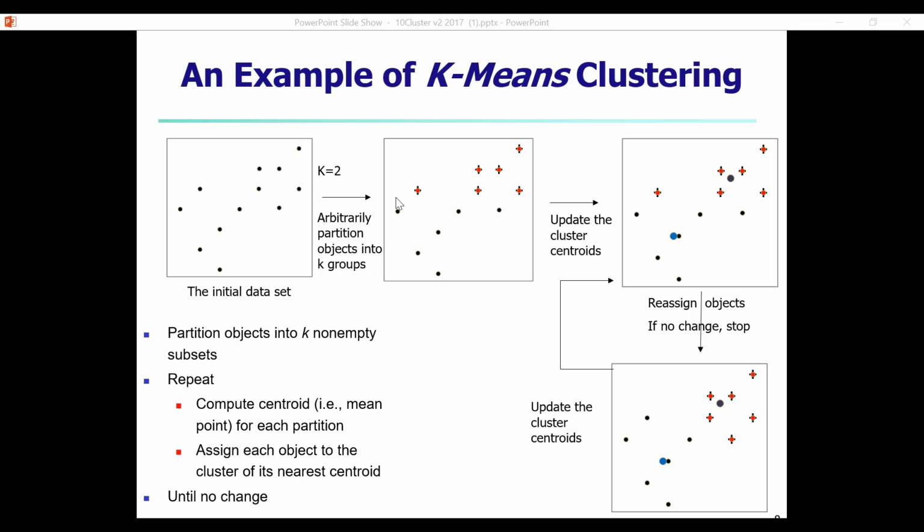Totally arbitrary. It can be like this, it can be like that, or whatever. So arbitrarily partition objects into k groups, or in this case two groups. Once you have those two arbitrarily created clusters, what we want to do is calculate the centroid for each cluster.